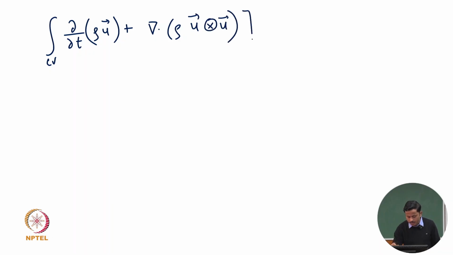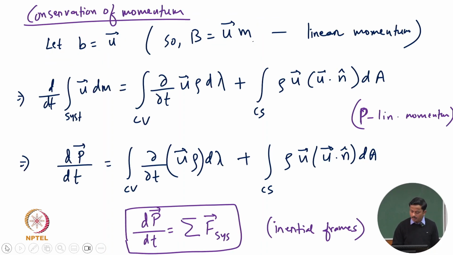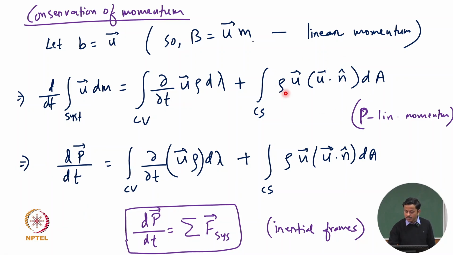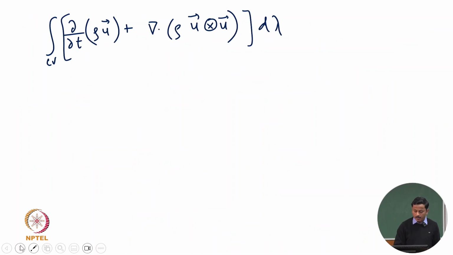So I have introduced this new notation. So this is the tensor product. So this comes from this term u dot n cap. So these are two vectors, and we have some basic knowledge of vector algebra.